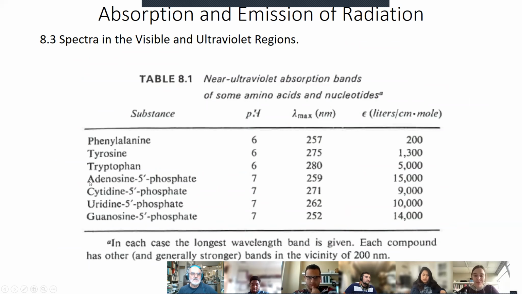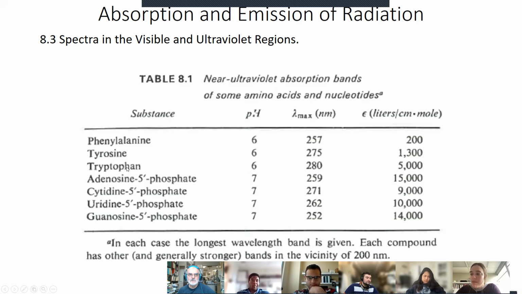Now, the book has a table of the aromatics and the bases, adenine, cytosine, uridine, guanosine. Notice there's a pH dependence. So the spectra will depend upon the pH and the hydrogen bonding properties of these groups. It's showing you what the lambda max is.